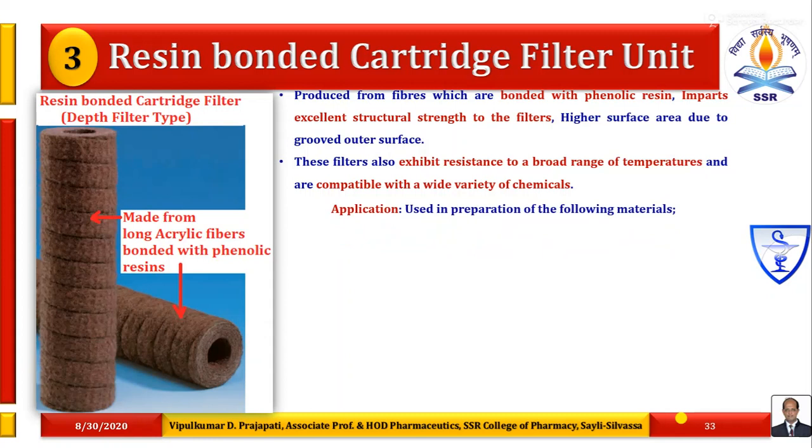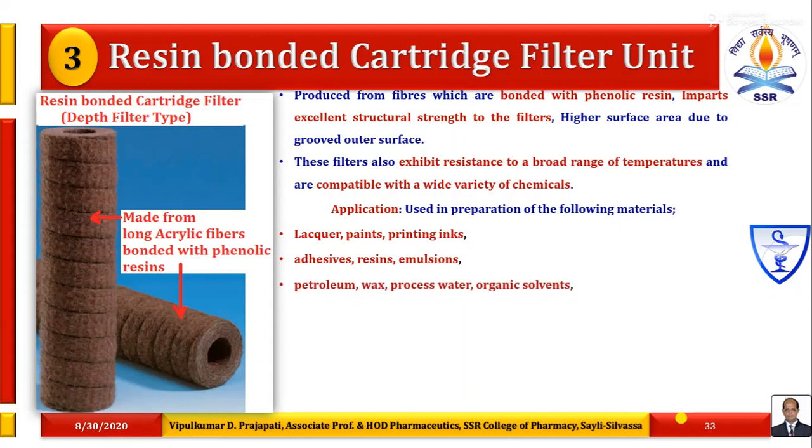Application of these types of filter unit: used in preparation of the following materials: lacquer, paints, printing inks, adhesives, resins, emulsions, petroleum, waxes, process water, organic solvents, animal or vegetable fats, inks, low acid bases having pH value between 5 to 9.